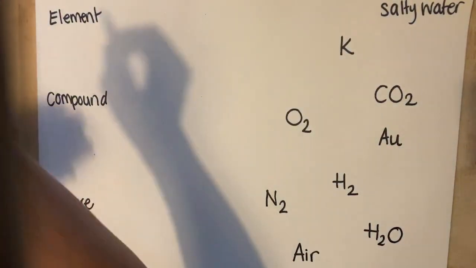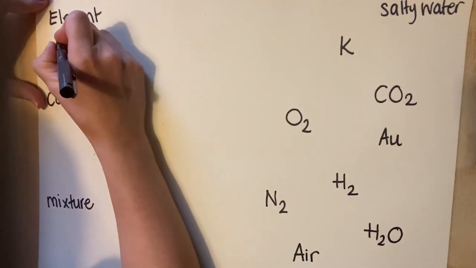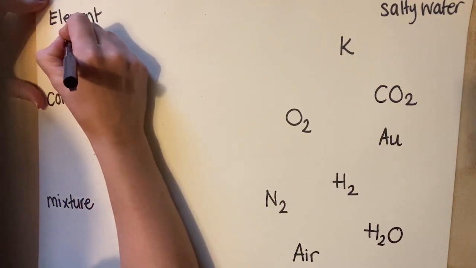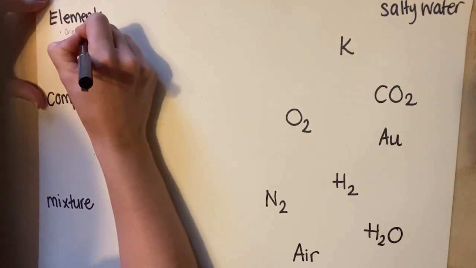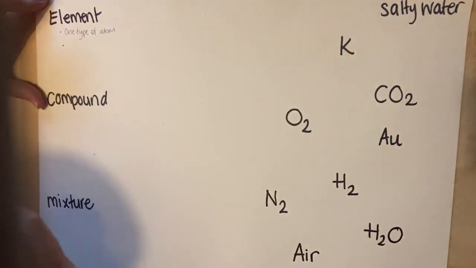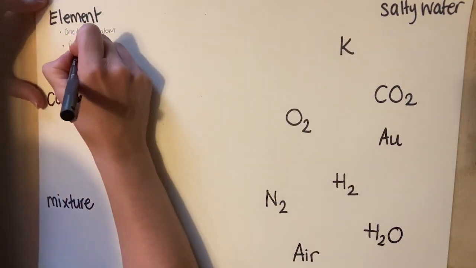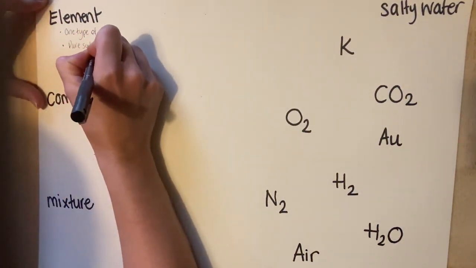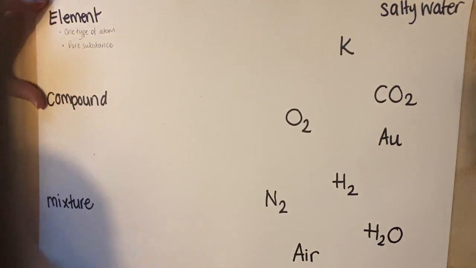So an element consists of one type of atom. Because it's only one type of atom present, you can also describe it as a pure substance. Okay, so a pure substance made up of only one type of atom.